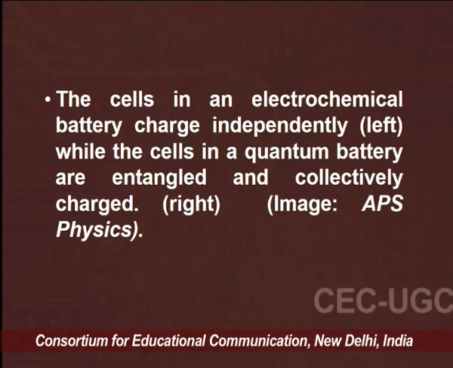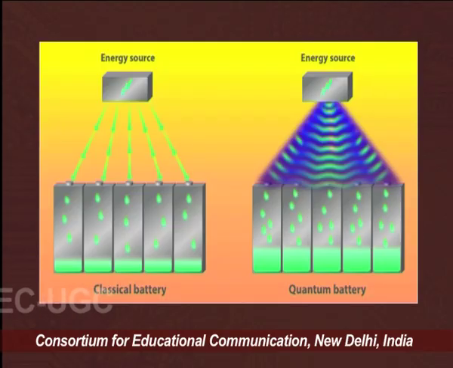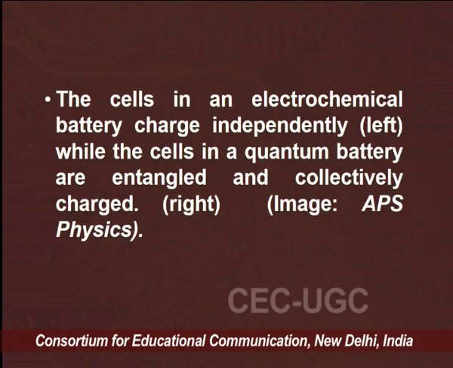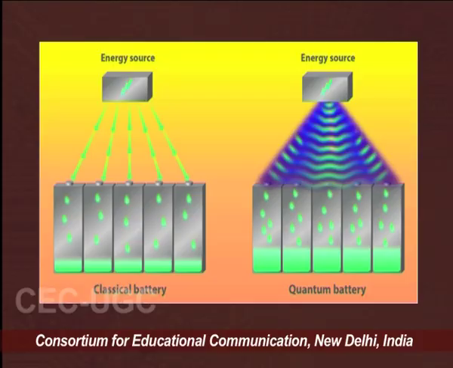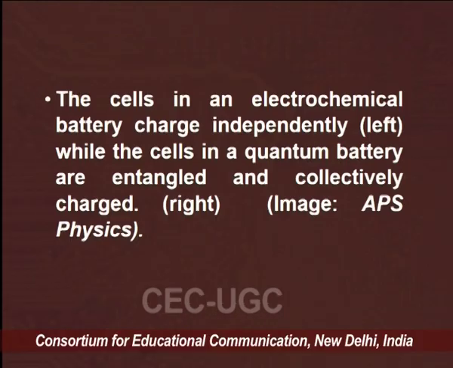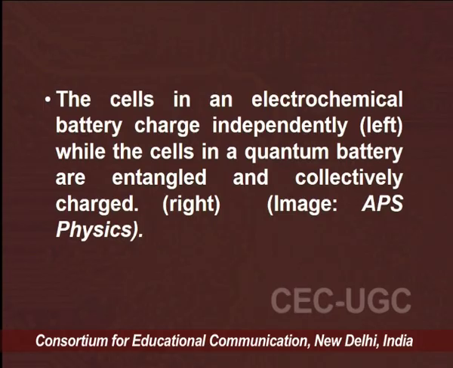The cells in an electrochemical battery charge independently, as we have seen, but on the right hand side the cells in the quantum batteries are entangled and collectively charged. That has been taken from the APS physics reference.